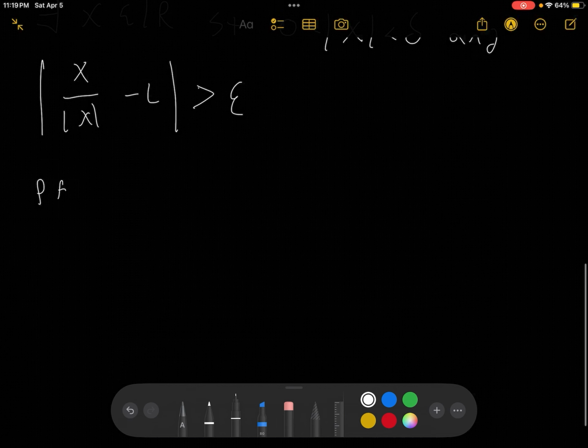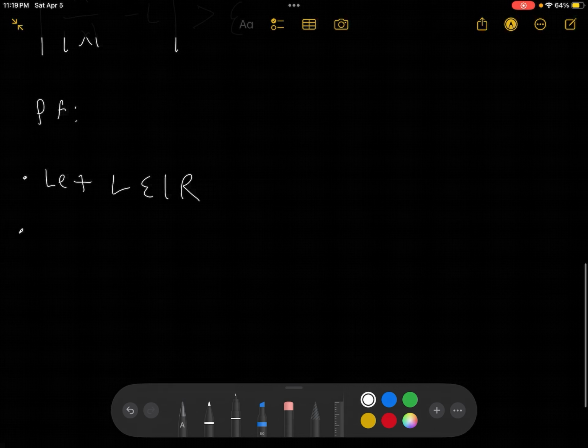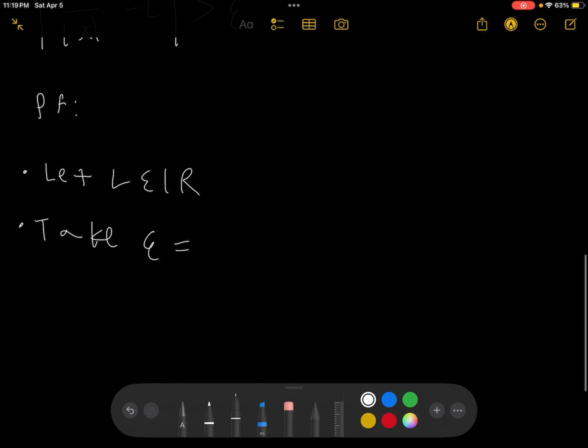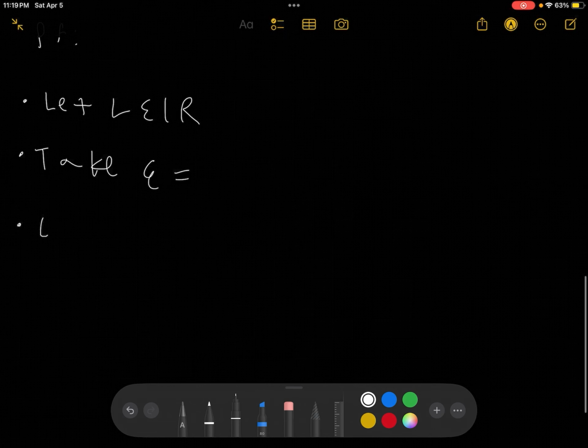So for the structure of our proof, we're going to fix some real number L. Then we're going to choose some epsilon. Then we're going to let delta be some positive number.